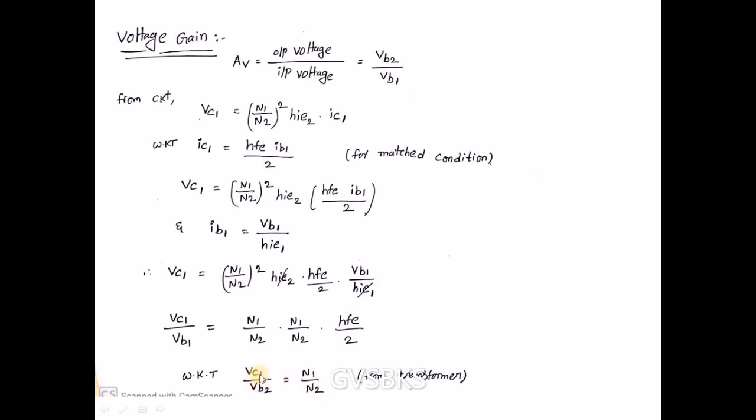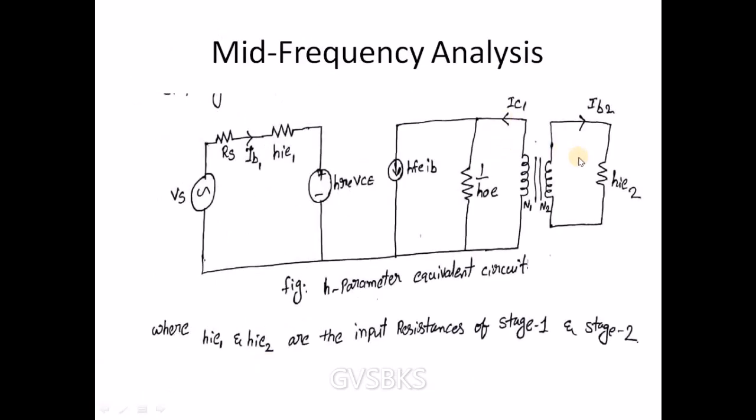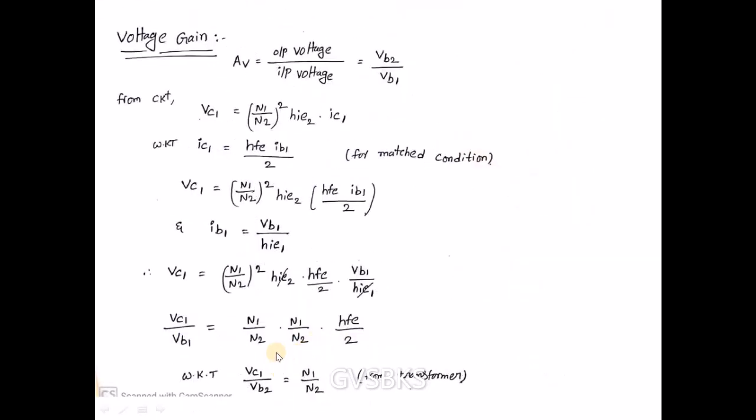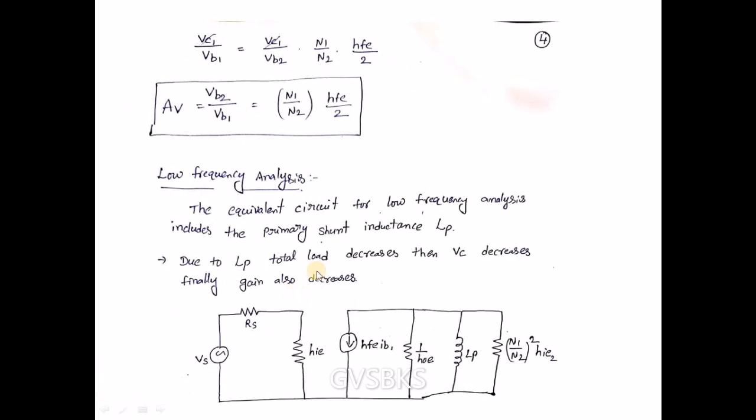From the transformer, V1 by V2 is equal to N1 by N2. Here V1 is nothing but VC1, V2 is nothing but VB2. Therefore, VC1 by VB2 is equal to N1 by N2. So now I am substituting VC1 by VB2 as N1 by N2 in the above equation.